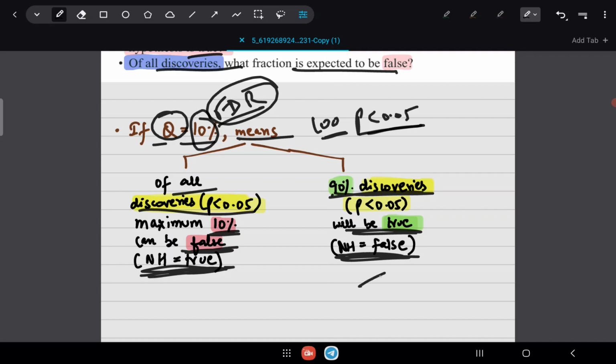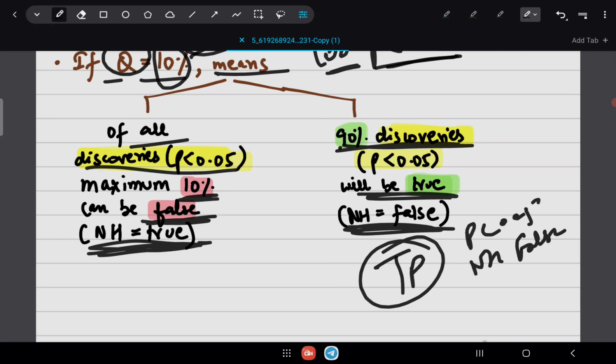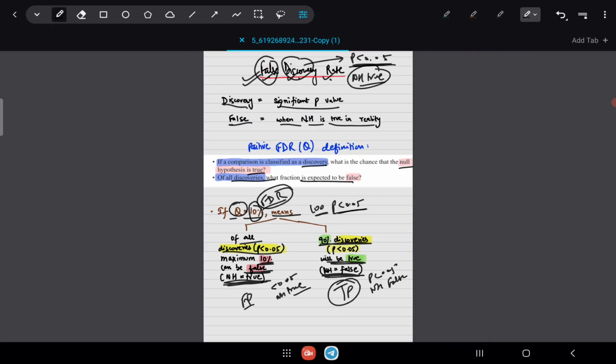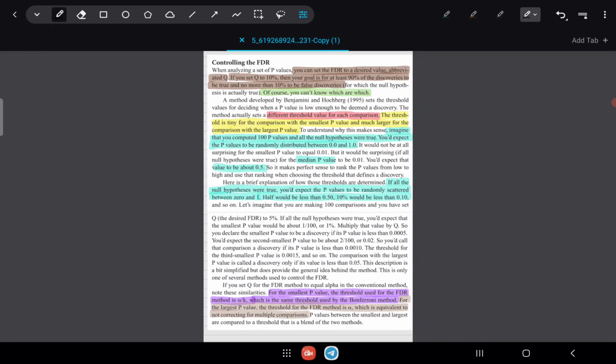So it will be a true positive in a way, right? The p-value is significant and the null hypothesis is false in 90% of experiments, but in 10% of experiments it will be a false positive, because the p-value will look significant, but the null hypothesis will actually be true in reality. Okay, so that is the meaning of controlling FDR.